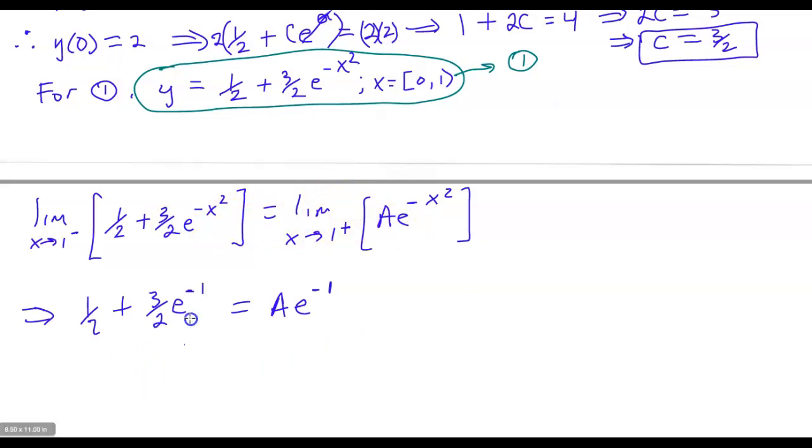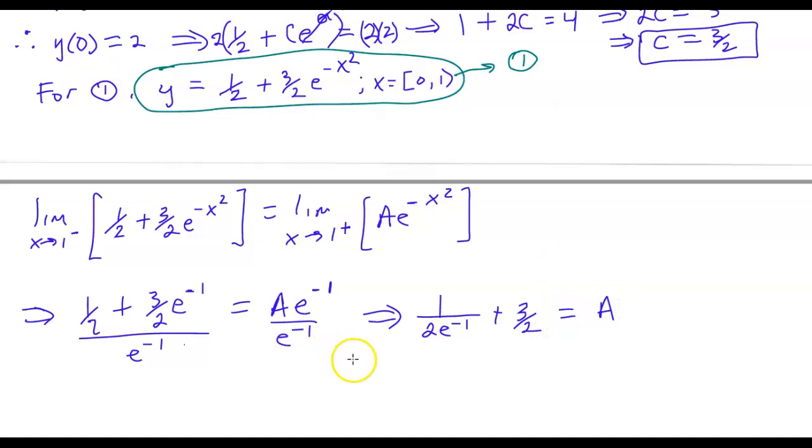So here, all we need to do is just solve for a. And of course, to solve for a, we can just divide both sides by e raised to the negative 1. And this would end up being 1/2 e raised to the negative 1. For the second term, the e raised to the negative 1s will reduce to 1.